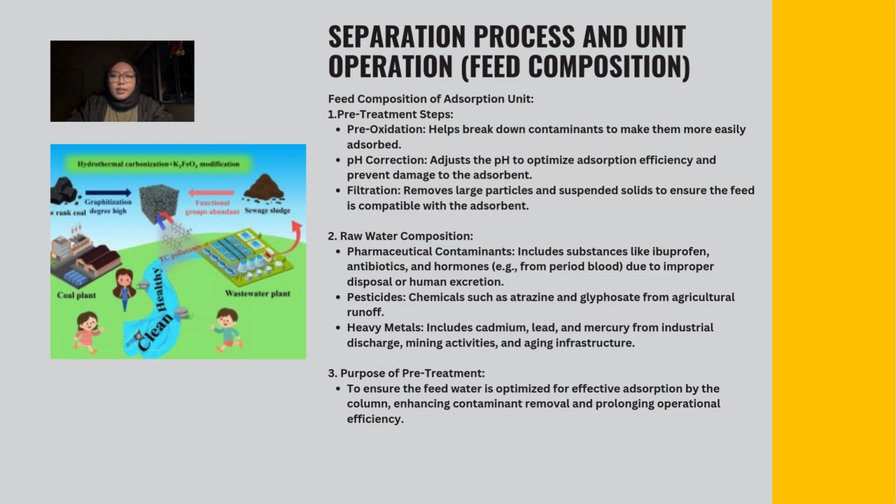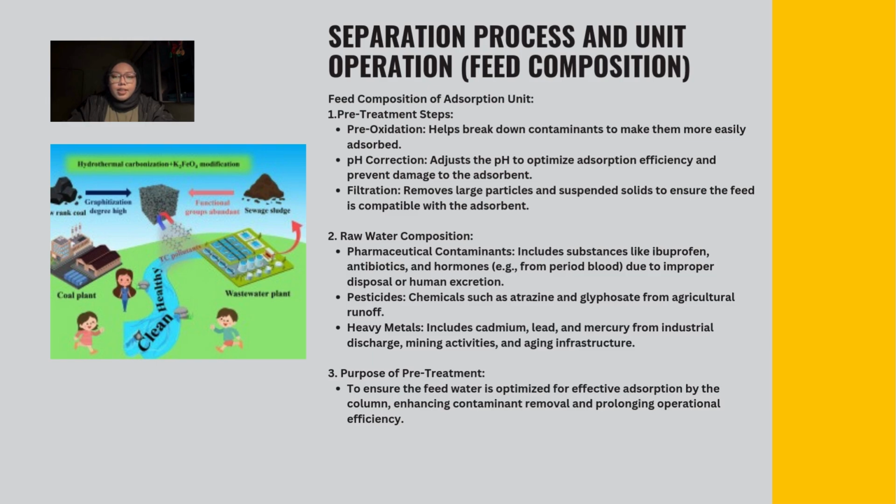The second one is raw water composition. The first point is pharmaceutical contaminants. It includes substances like ibuprofen, antibiotics, and hormones, for example, menstruation blood, due to improper disposal or human excretion. The second point is pesticides. These are chemicals such as atrazine and glyphosate from agricultural runoff.